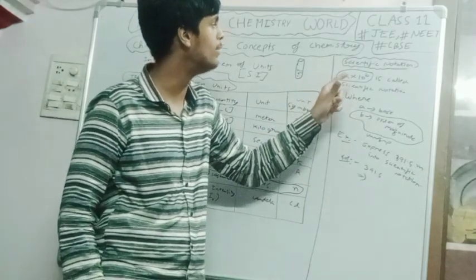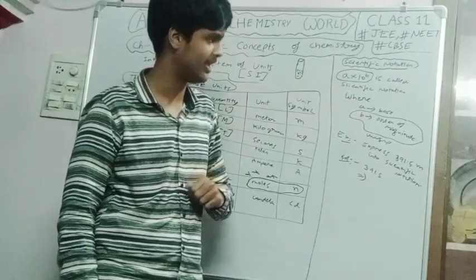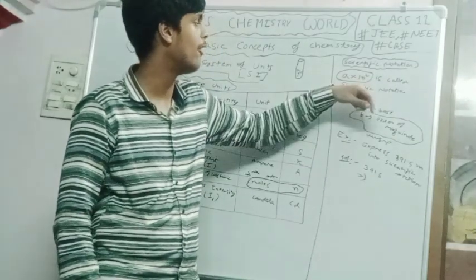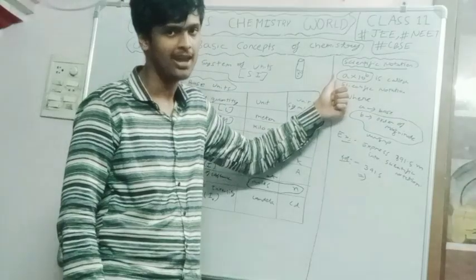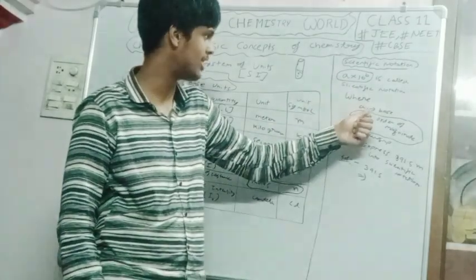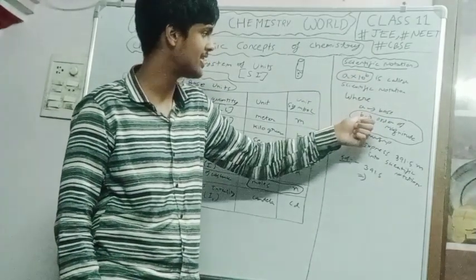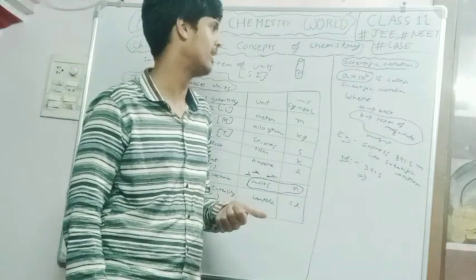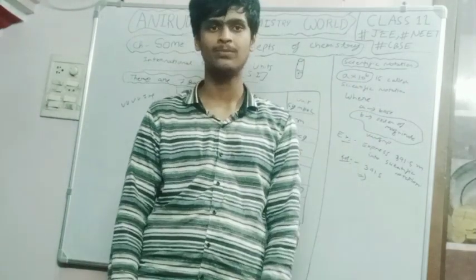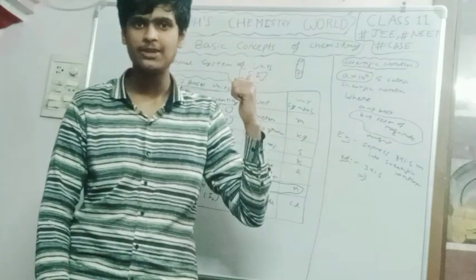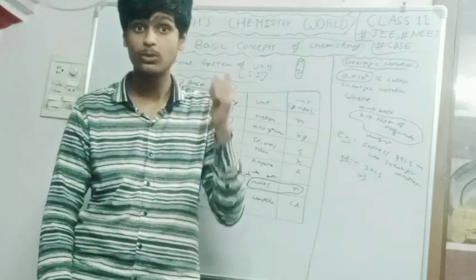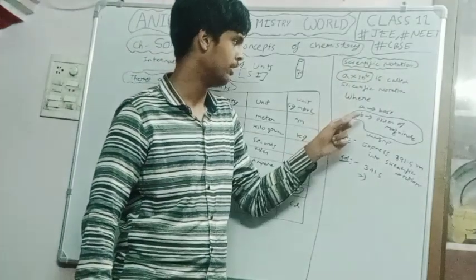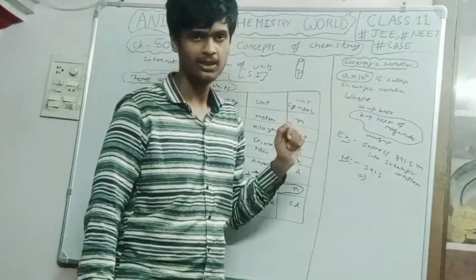This A into 10 to the power of b is called scientific notation, where A is called the base, and B is called, in general, power or degree. But in terms of scientific notation, you need to call it the order of magnitude.